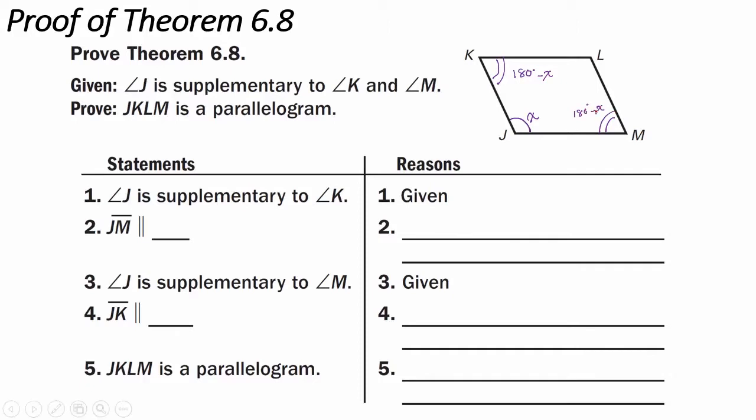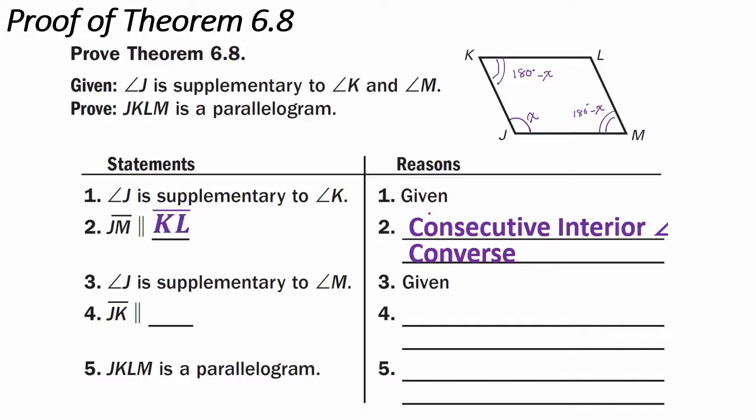I know from Chapter 3, Section 4, we learned about a theorem called the consecutive interior angles converse, which says that if two lines are cut by a transversal so that consecutive interior angles are supplementary, then the lines are parallel. So if I have consecutive interior angles that are supplementary, in this case angle J and angle K, which is what we're given, then we can say that line segment JM is parallel to line segment KL using the consecutive interior angles converse.